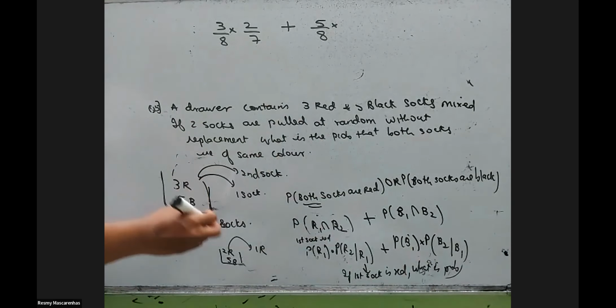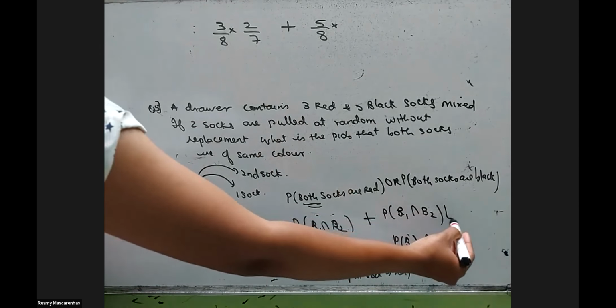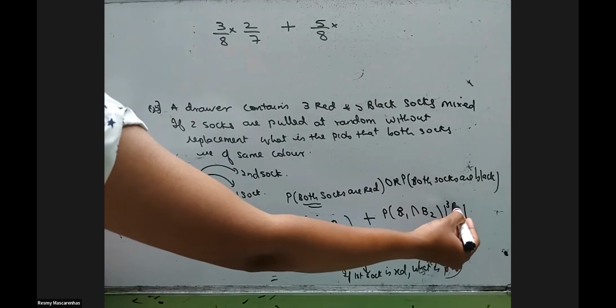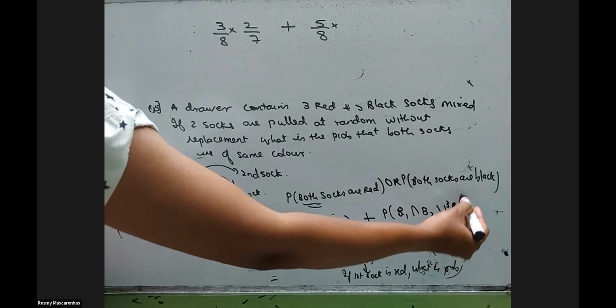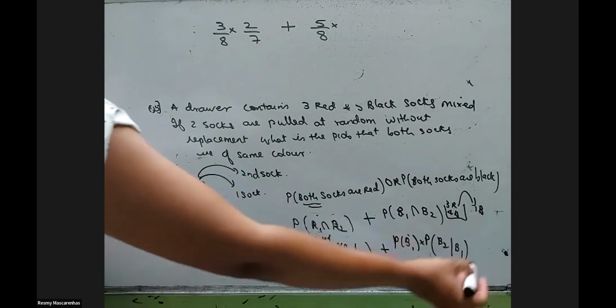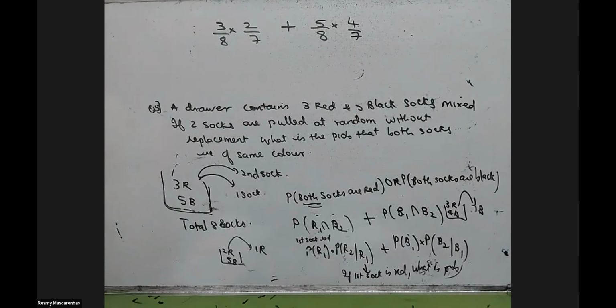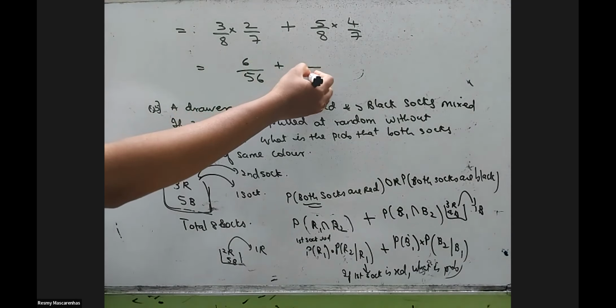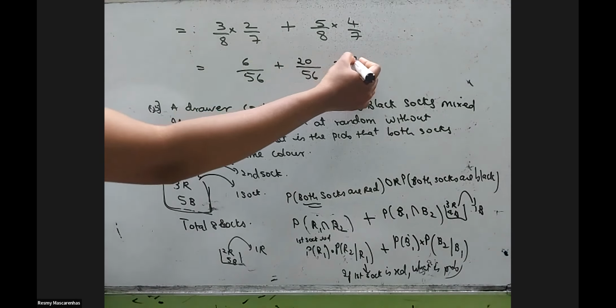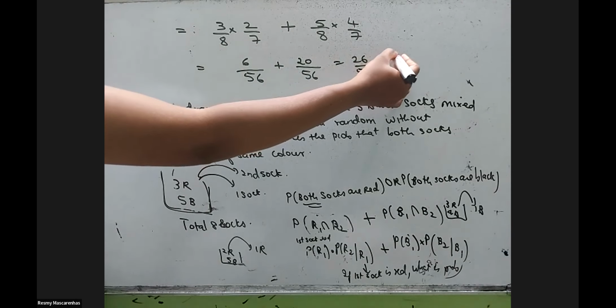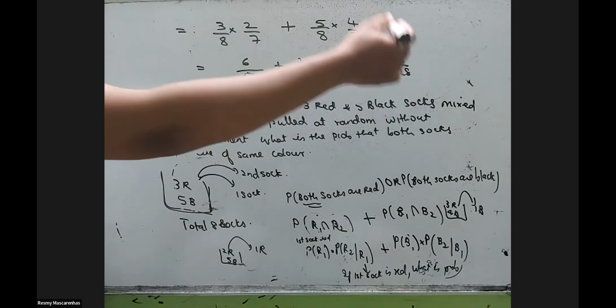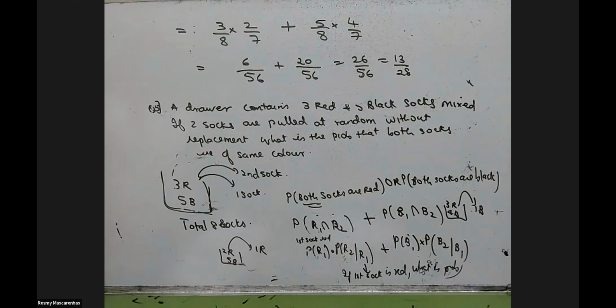Suppose one black had come out, so there'll be 4 black left out of 7. Now you have to calculate and write down. So 13 upon 28 will be the answer.